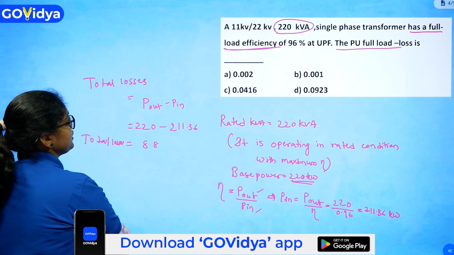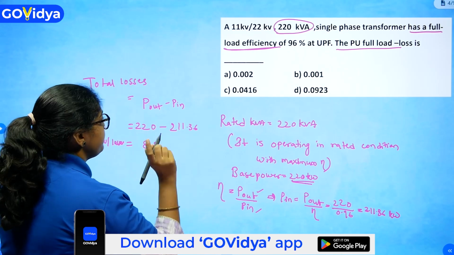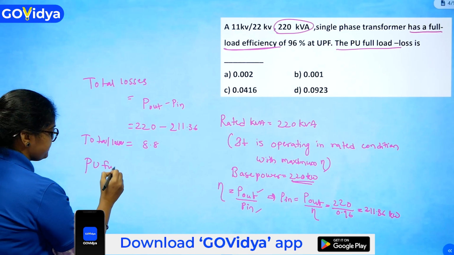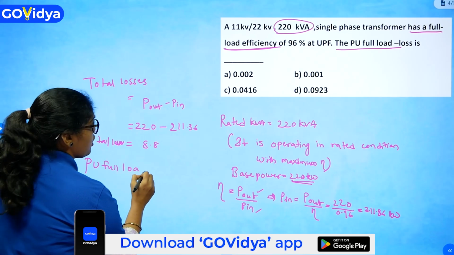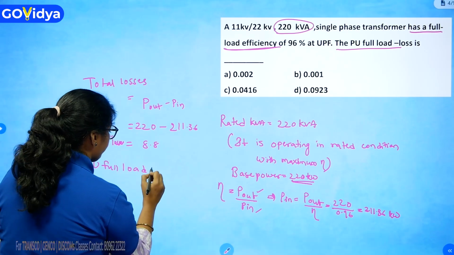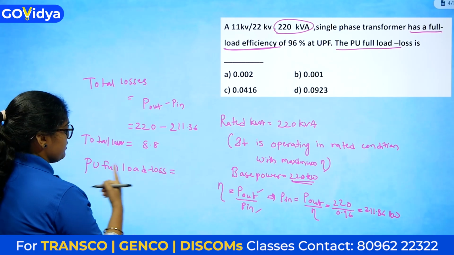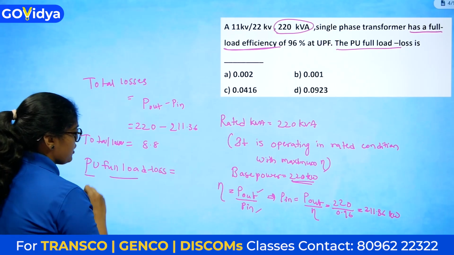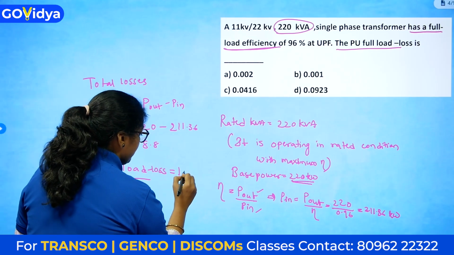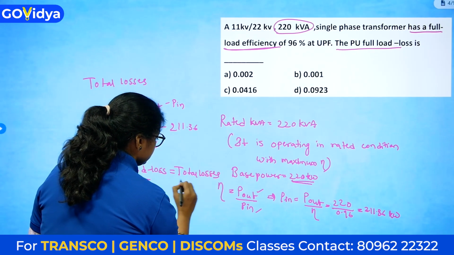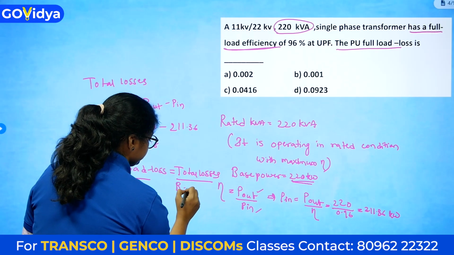But in the question we have to calculate the per unit full load losses, not copper losses, sorry. The formula for the per unit full load loss is nothing but total losses by base power.